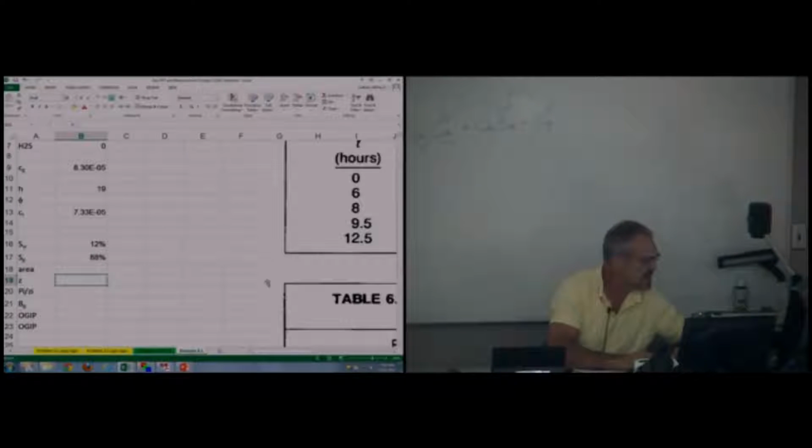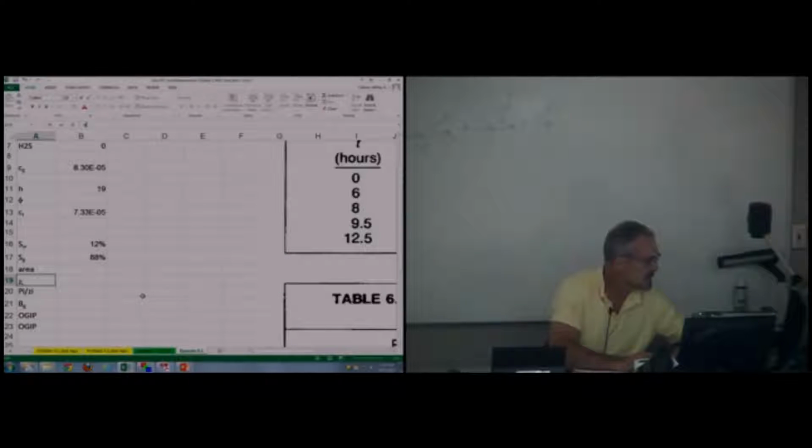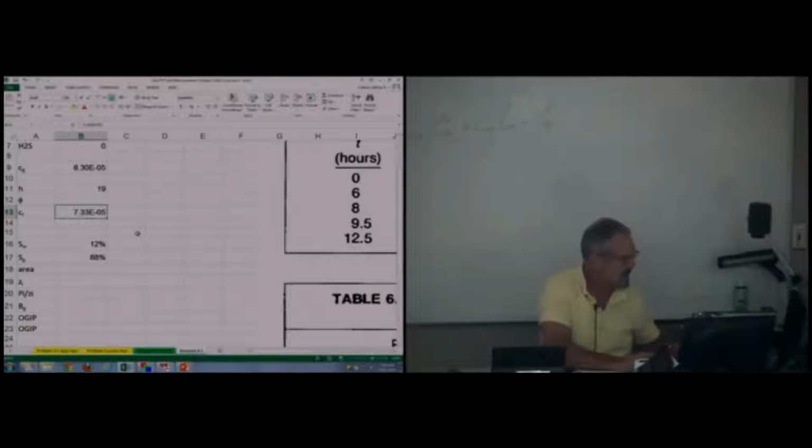We could calculate Z, ZI. I'm thinking we're not going to use it right away, but what the heck? It's got the same flavor as this. All I got to do is change the spelling from CG to Z, and I got my initial Z factor.